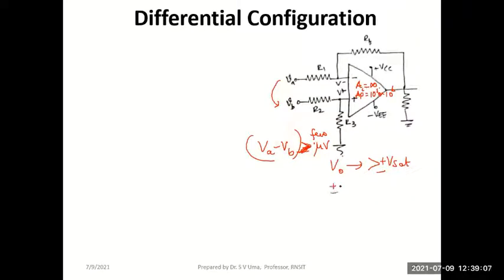And I told you what would be the saturation voltage in an op-amp. The saturation voltage will be almost 90% of VCC, or even if you want, you can consider it approximately equal to VCC or VEE. For positive, it is plus VCC. For negative, it is minus VEE.